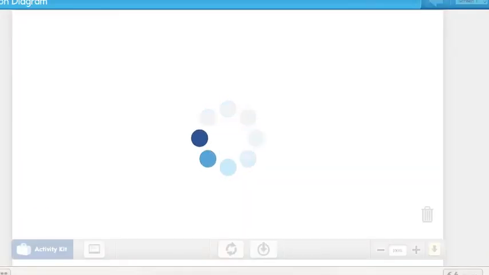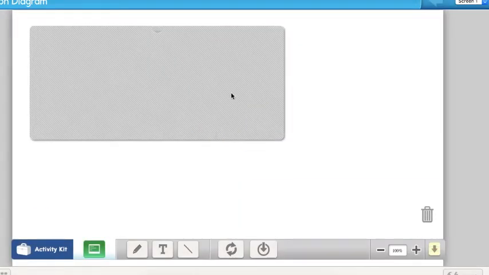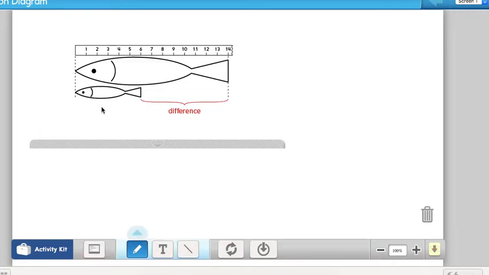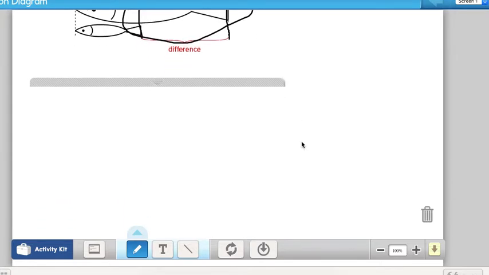Now, when we look at a comparison diagram, we're looking at this difference here. Here was fish B at 6 inches, and here was fish A at 14 inches, and this length right here is the difference. But how can we figure that out with just numbers?